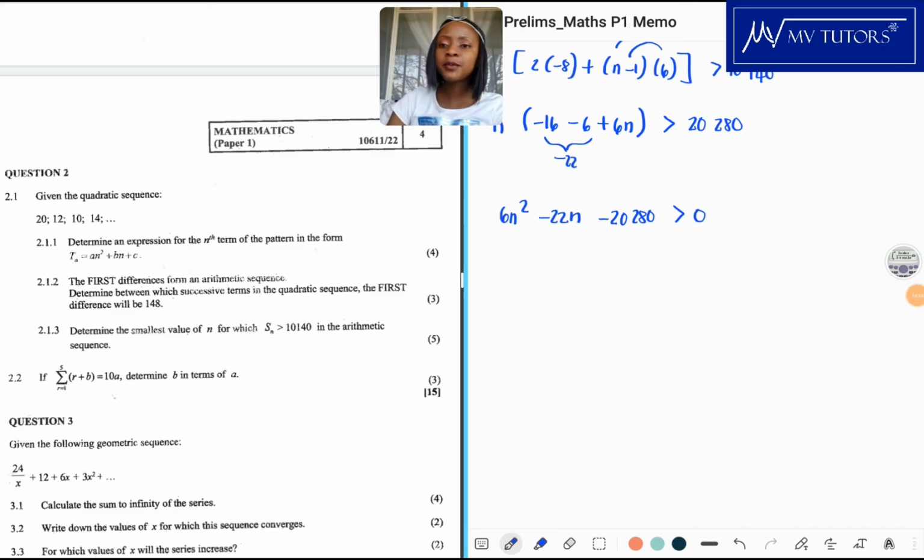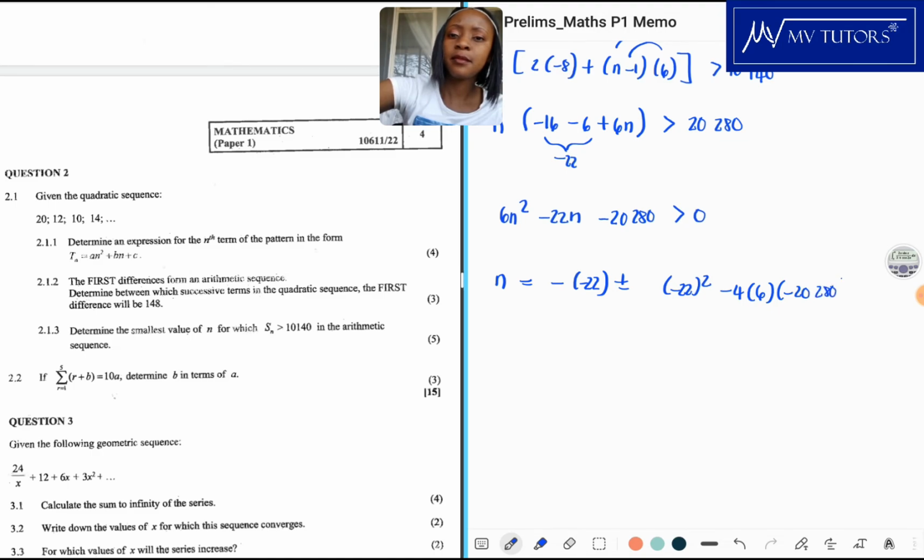All right, so quadratic formula. Now we have n instead of x. Minus b, so minus minus 22, plus or minus the square root of b squared, 22 squared, minus 4ac, and all of that is under the square root. Then we have 2 times 6.